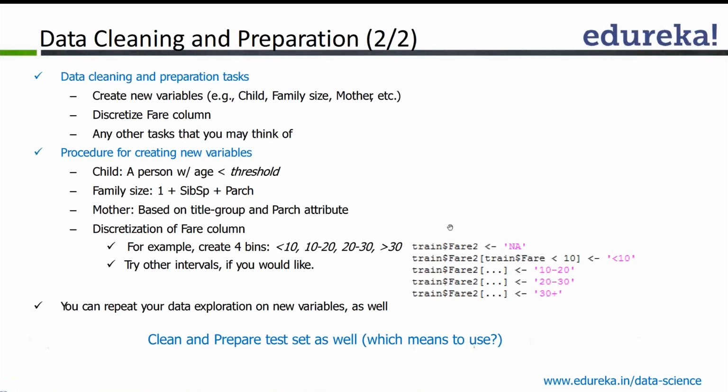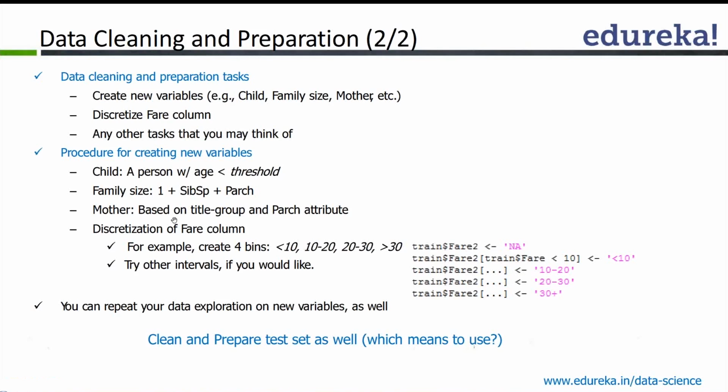Let's say I added this discretized fare column, fare 2. Now I can use table function to figure out how the survival rate changes according to these fare classes. Okay, maybe less than 10 will have less survival rate than greater than 40. Okay, so on. Basically, you can do your data exploration again on these new variables.